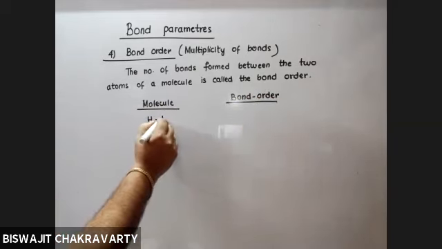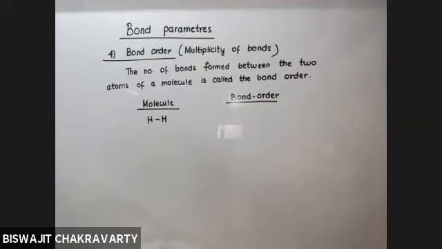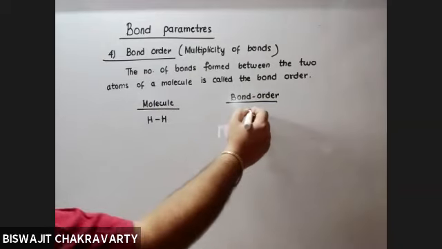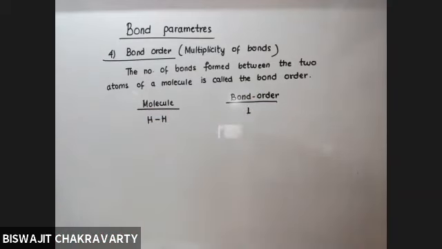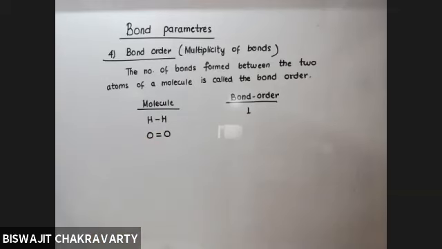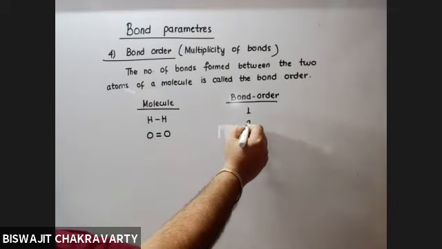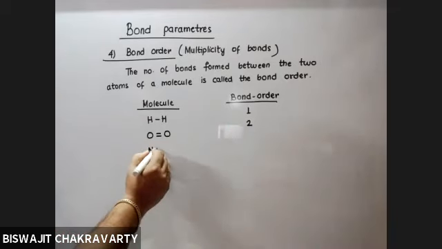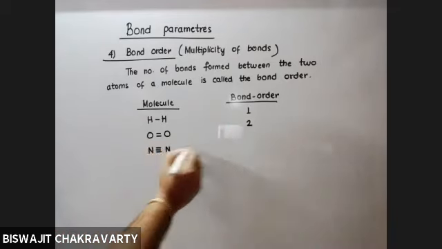What is the bond order of H single bond H? 1, because there is a single bond between the two hydrogen atoms. O double bond O? 2. N triple bond N? 3.